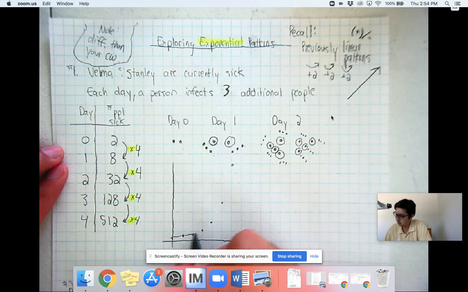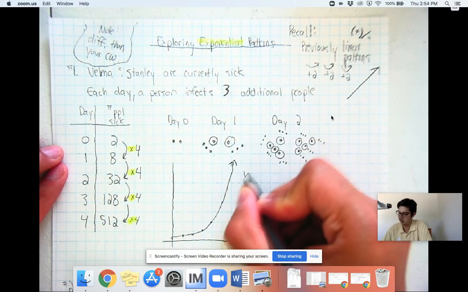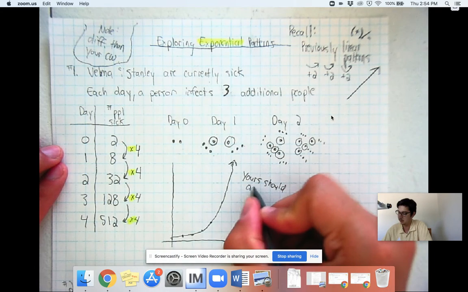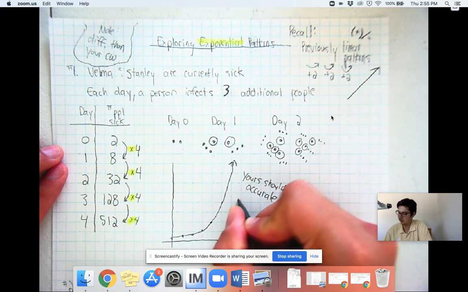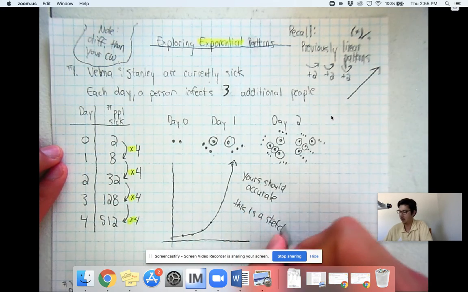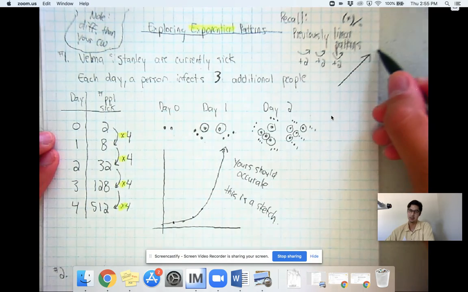The graph starts slow, and if you connect the points, and yours should be more accurate. So I just want to emphasize yours should be accurate. Mine is a sketch. Okay. But notice the difference in the graph. Linear graphs are a straight line.